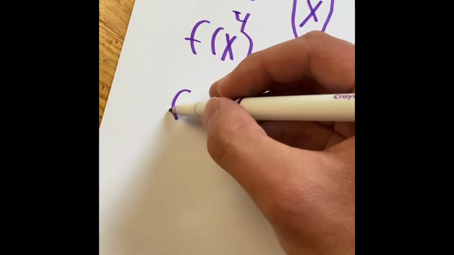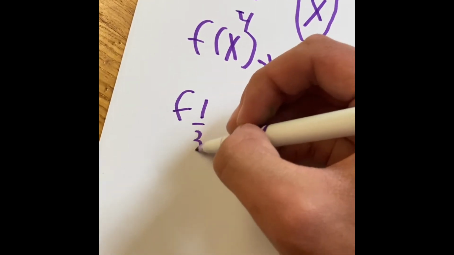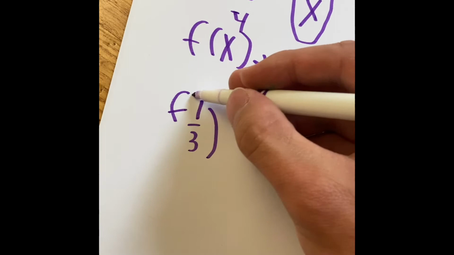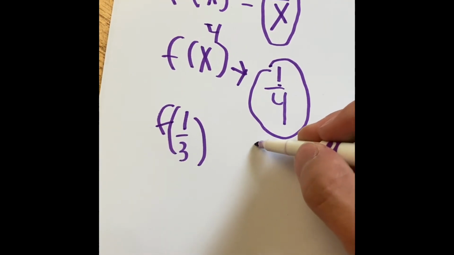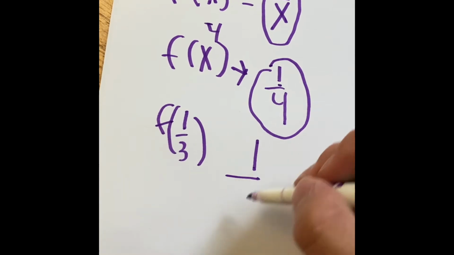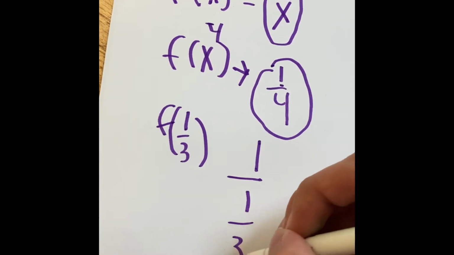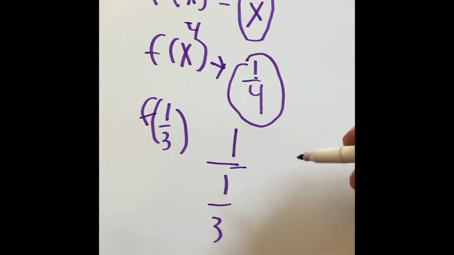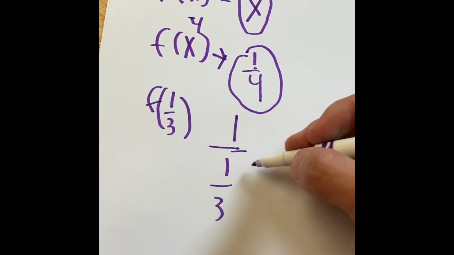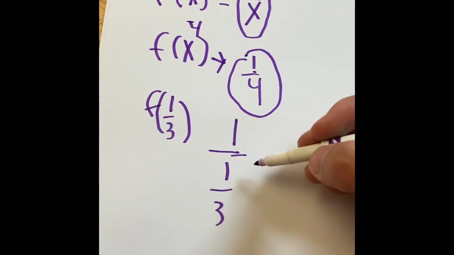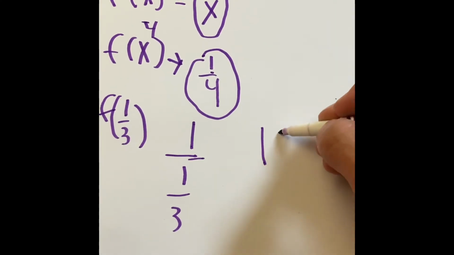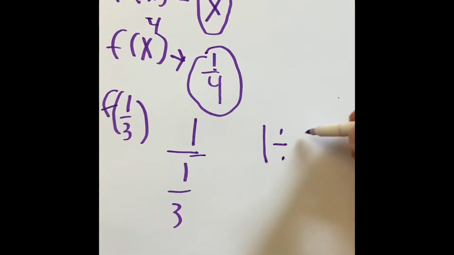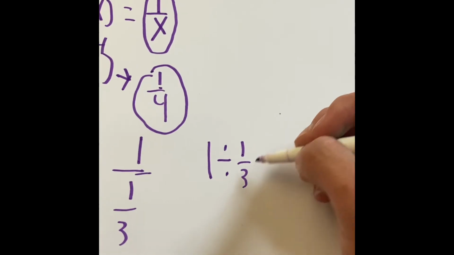If we have a fraction as a function, that is actually still acceptable. But you're going to get something that looks like this: 1 divided by 1 over 3. That is called a complex fraction, and you don't really see this in algebra. So this can be the same thing as saying 1 divided by 1 over 3.